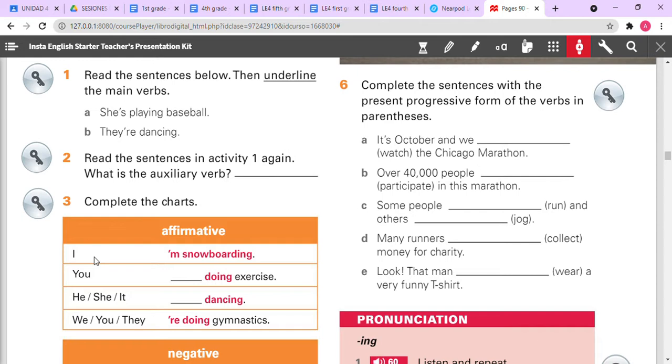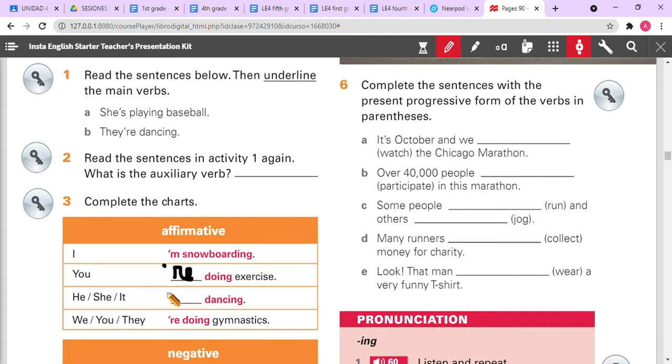What's the activity? Snowboarding. Number 2, you, you're doing exercise. You're, like this. Okay, you're doing exercise.